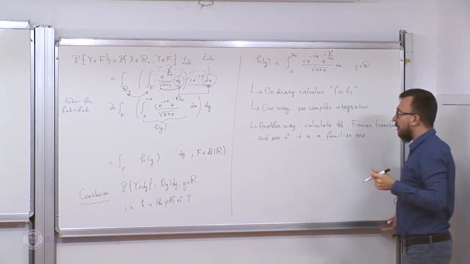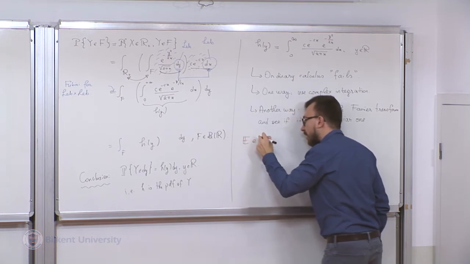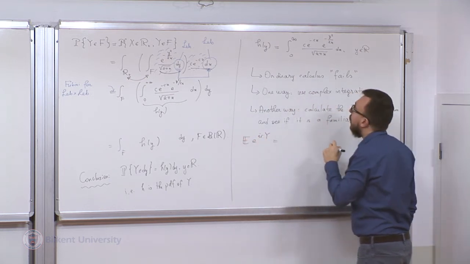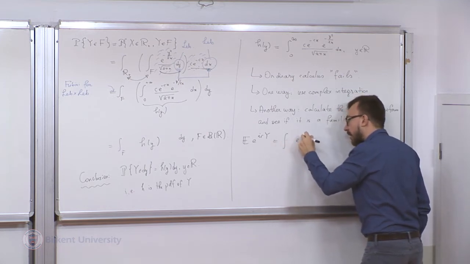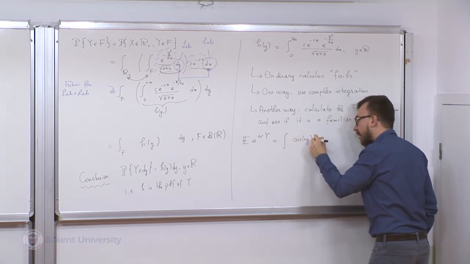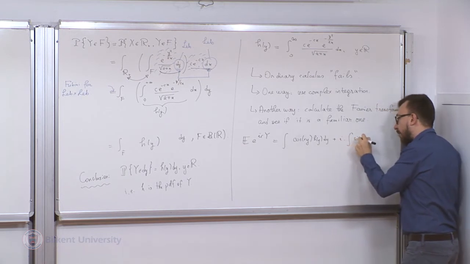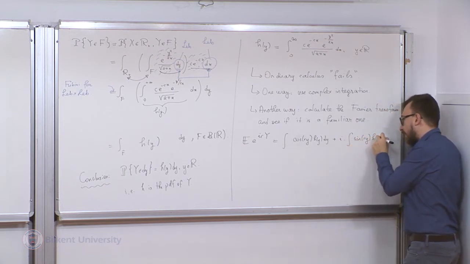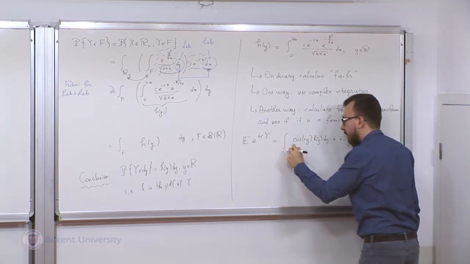So let's calculate this for every real r. This is e to the i r y, let me write it this way: cosine ry h of y dy plus i sine of ry h of y dy. This is from minus infinity to infinity.